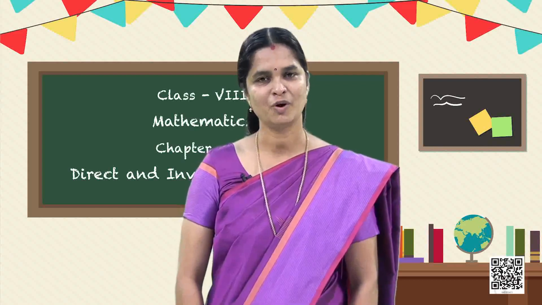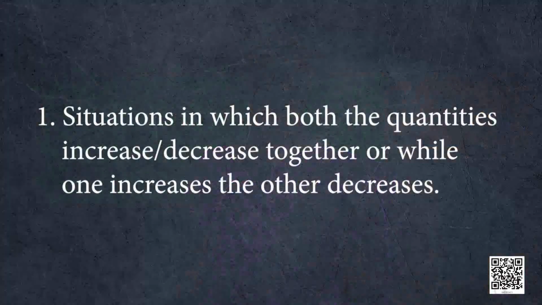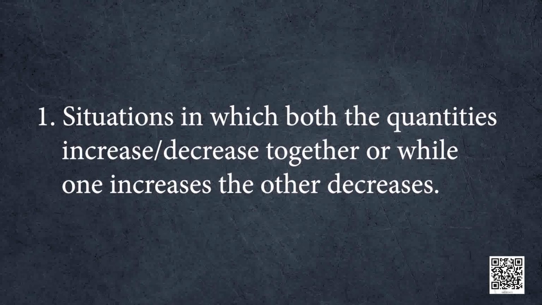Dear students, I hope that now it is easy for you to do calculations based on direct proportion. Now, let us recall what we have discussed today. We have studied situations in which both quantities increase or decrease together, or while one quantity increases, the other one decreases.